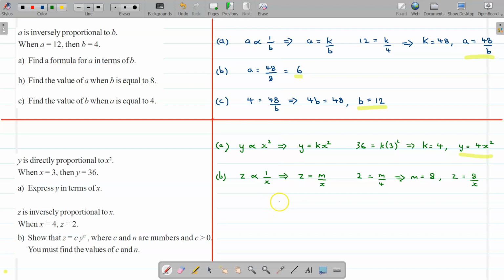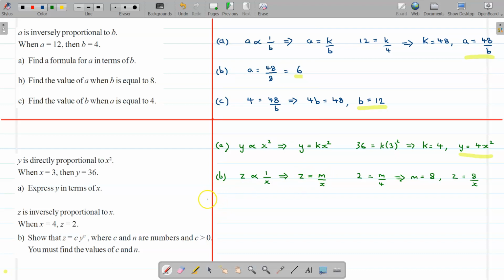Now, we've got to show that this thing here is true, and they're giving you these extra letters C and N that you've got to find. And this is a relationship between z and y. Now, what we currently have is a relationship between x and y and between x and z, but we don't have one between y and z, not yet anyway.